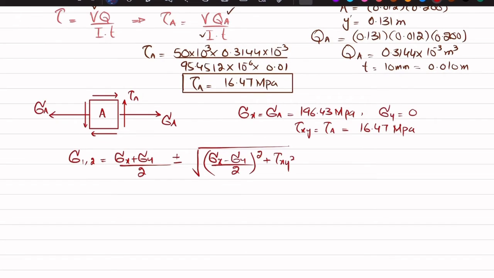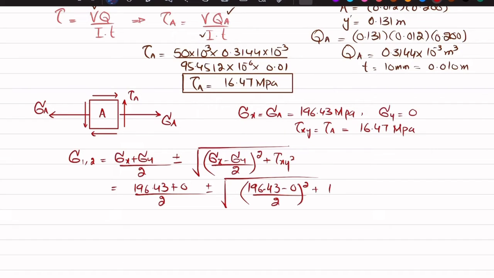So just put the value. Sigma x is 196.43 plus 0 divided by 2 plus minus square root of 196.43 minus 0 divided by 2 whole square plus 16.47 whole square, which is equal to sigma 1, 2.